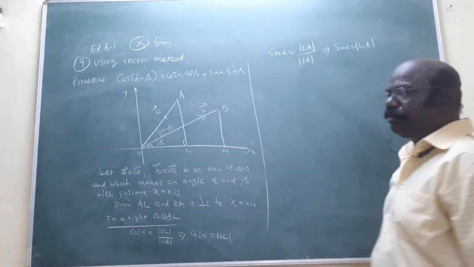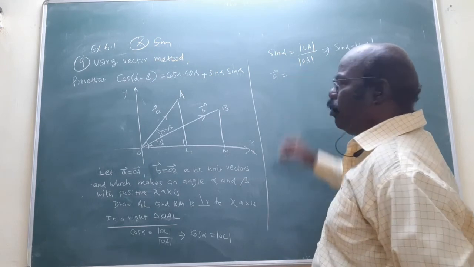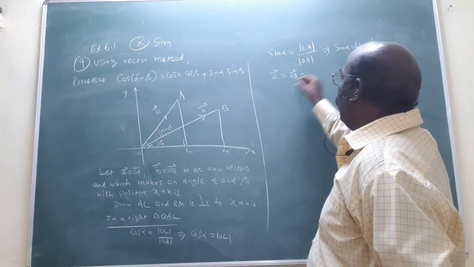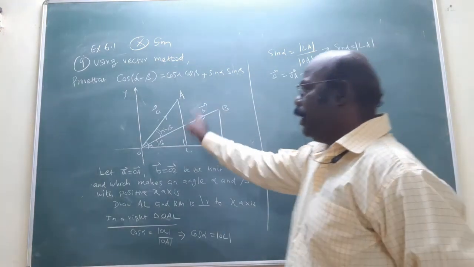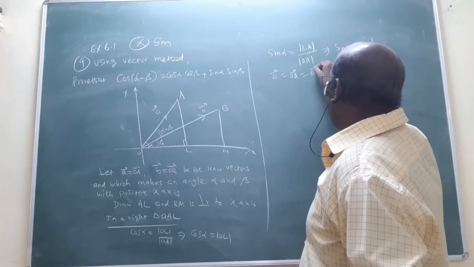Am I correct? Now we want the A vector. A vector equals OA vector, and OA vector can be written as OL plus LA.